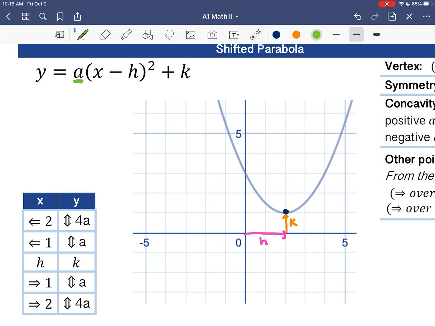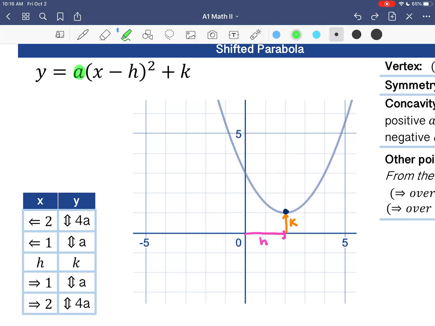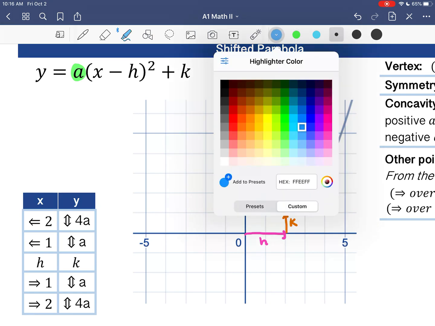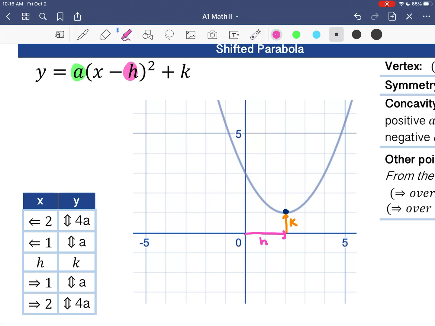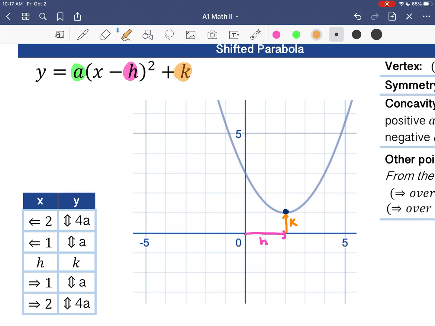So the stretch factor, which is A here. A is the stretch, H is the left and right shift, and K is shifting up and down.